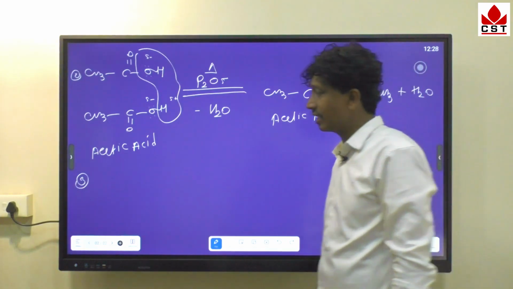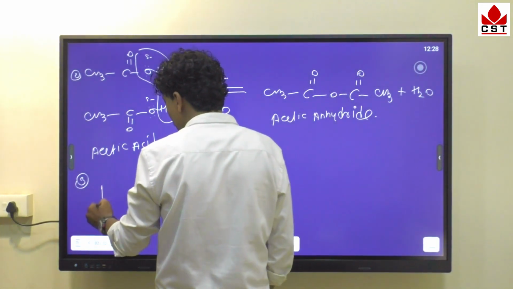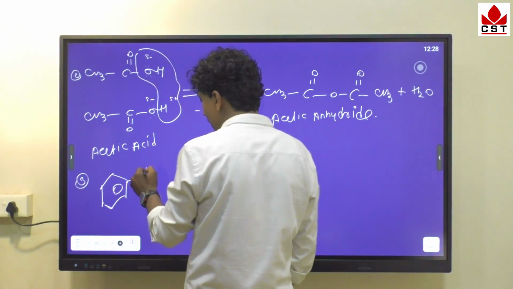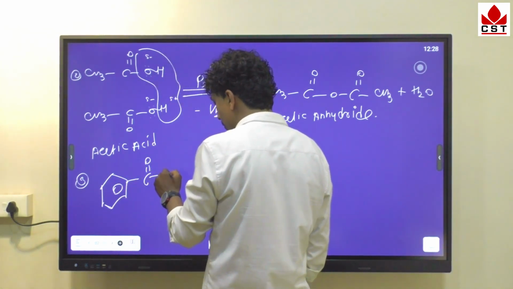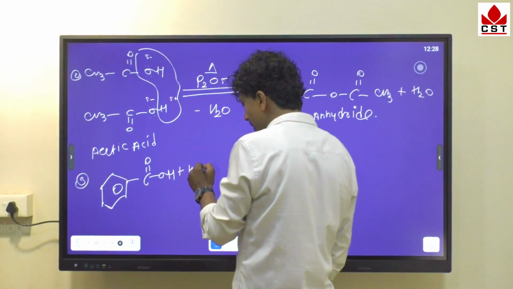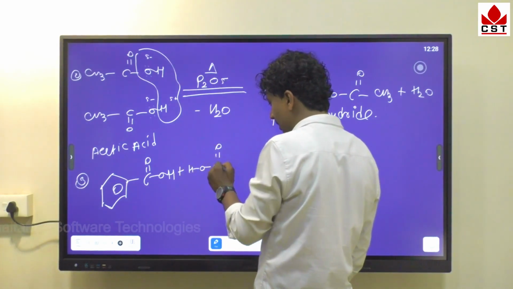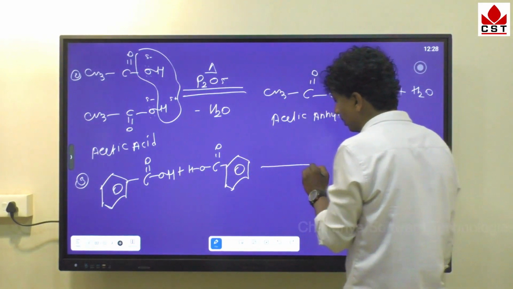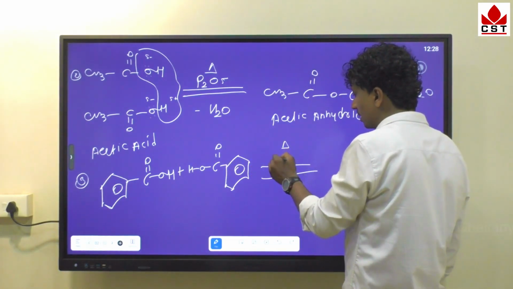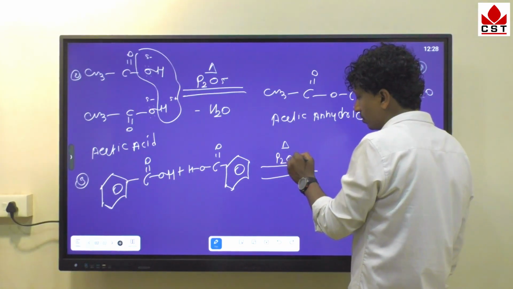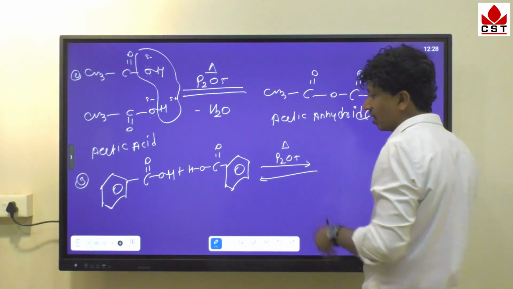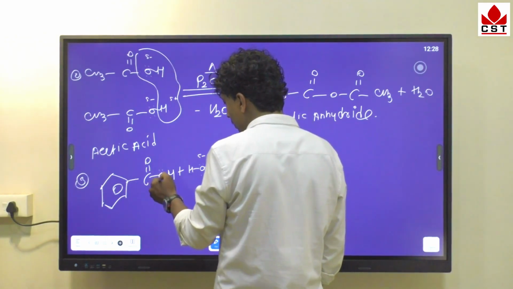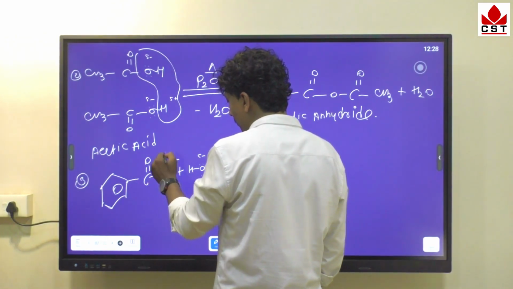So what about example number 3 of that dehydration? What happens in the reaction? There is a benzene ring: 2 moles of benzoic acid are heated with phosphorus pentoxide, P2O5. In the reaction oxygen is delta negative and hydrogen is delta positive.